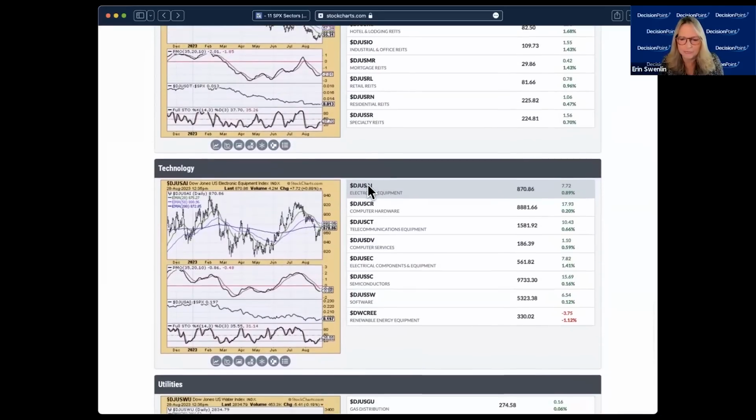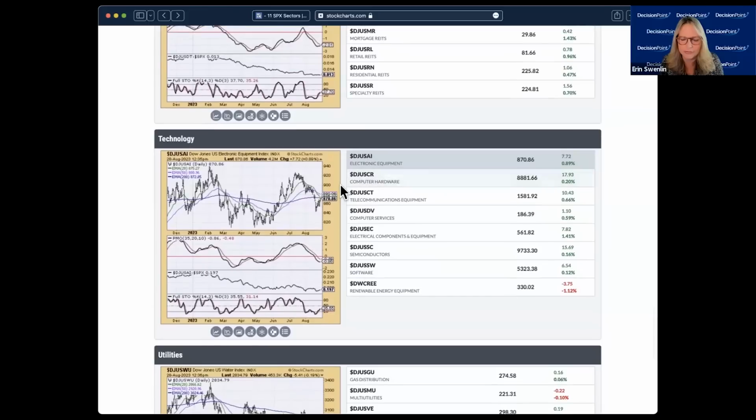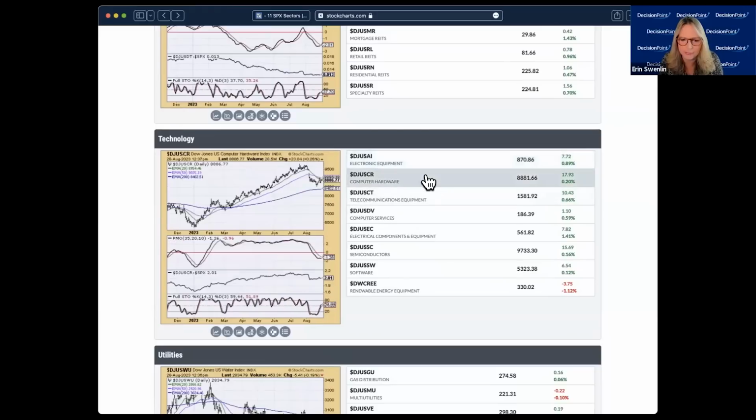Technology, I'm not going to be fishing in here, but let's look at where strength does lie, because there's obviously some internal strength here that we're catching with the stochastics rising. I don't see it necessarily in electronic equipment, although we are seeing that PMO turning upward. Computer hardware, similar situation, PMO turning upward, but we do have some strong overhead resistance here.